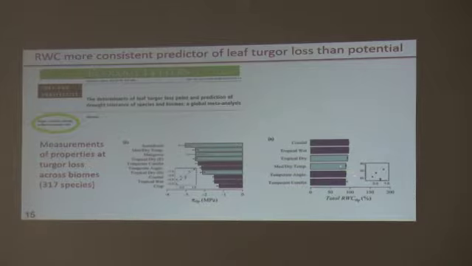And in fact, even within a biome, there is much less variability, as you can see on the error bars. So that suggests to us that there might be some hope of getting some applicability of these thresholds to large heterogeneous landscapes, so that we can really predict tree mortality at larger scales.